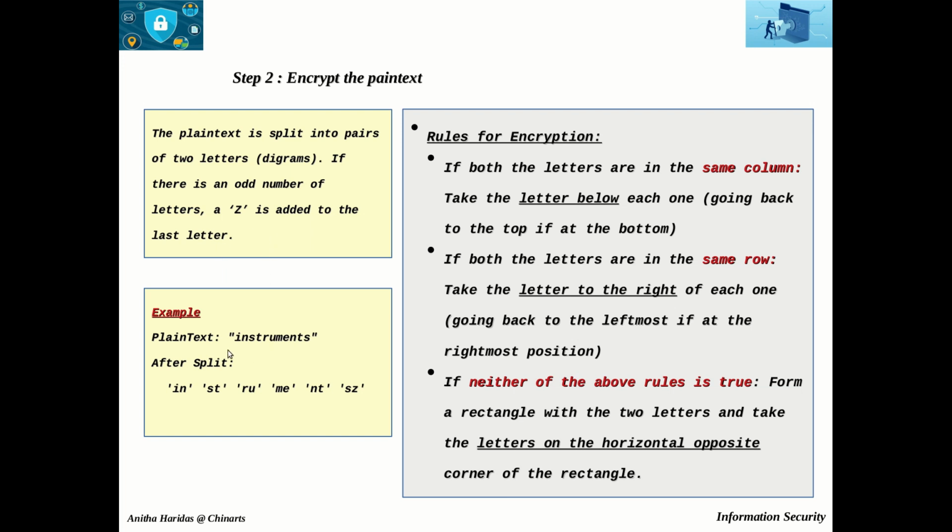So let us assume this is the plain text which I want to encrypt. I am going to split it into digrams. So you will have IN, ST, RU, ME, NT, S, and after S there is no character, so you are going to add a bogus character Z.